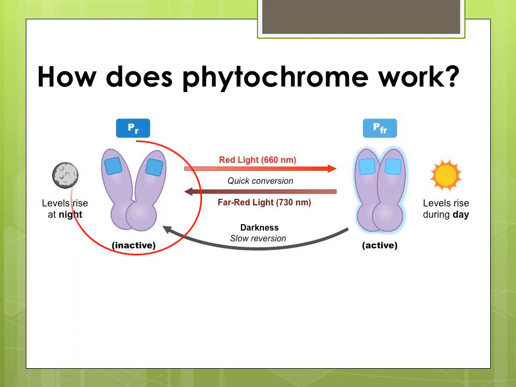On the left here we have got the inactive form, phytochrome red, and that will be the form that would exist at night time. And on the right you can see that we've got the active form, which is the phytochrome far red.